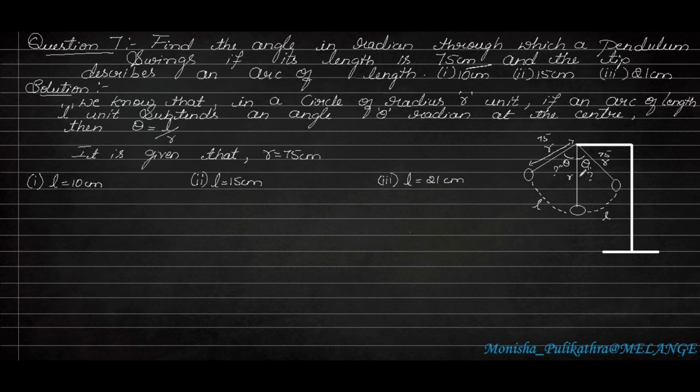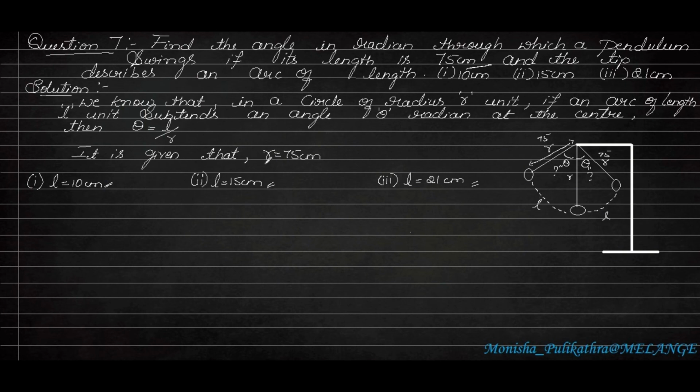So the angle is theta, and when it swings in either way, it will form an arc length. So this is the arc length and this is theta, the angle made by the pendulum, and this is the radius of it. Since radius is given, for a certain arc length we don't know at what length the bob has been swinged.